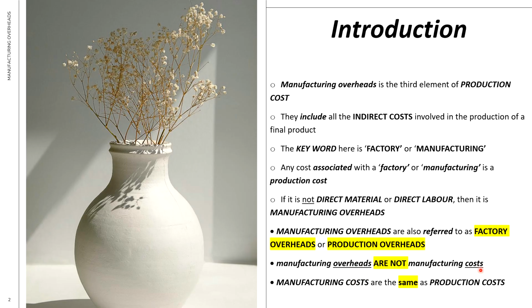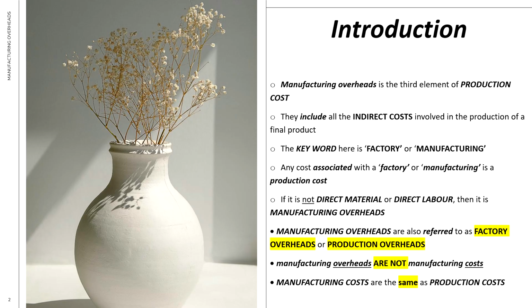If you are talking about manufacturing costs, that means you are talking about production costs. So your manufacturing costs are the same as your production costs, okay? Because these are costs. Another word for production is manufacturing. So if you say production cost, it is the same as saying manufacturing cost. Right. That was just an introduction.